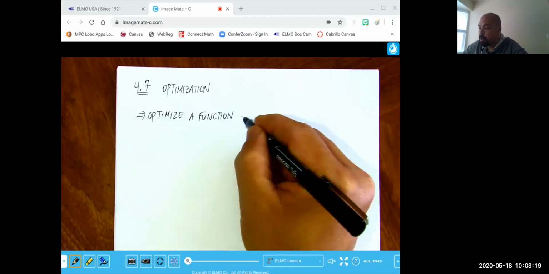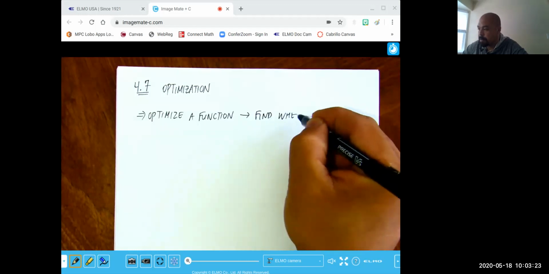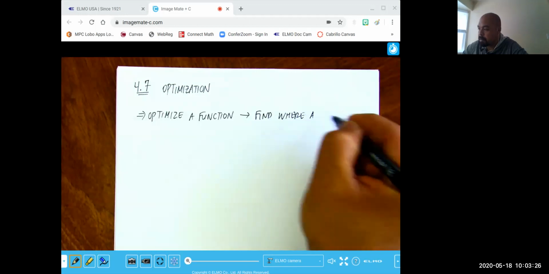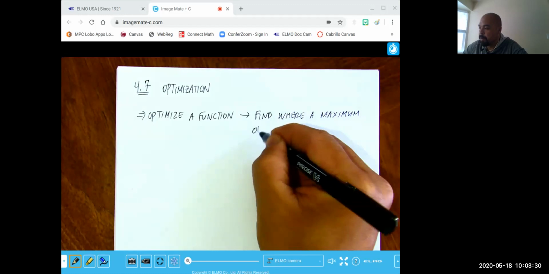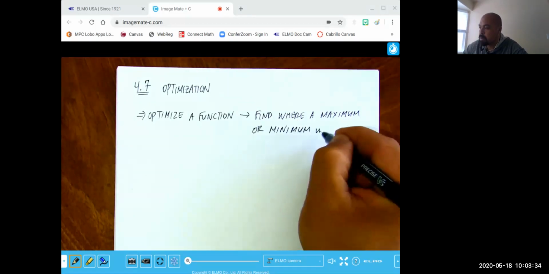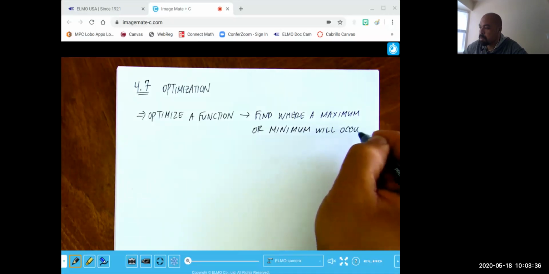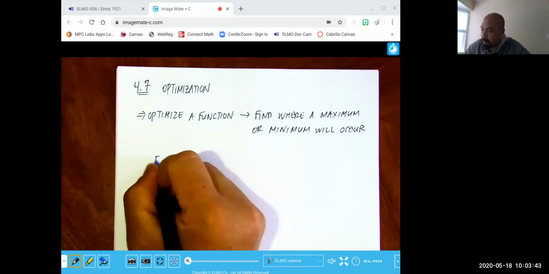That means we want to find where a maximum or minimum will occur, right?